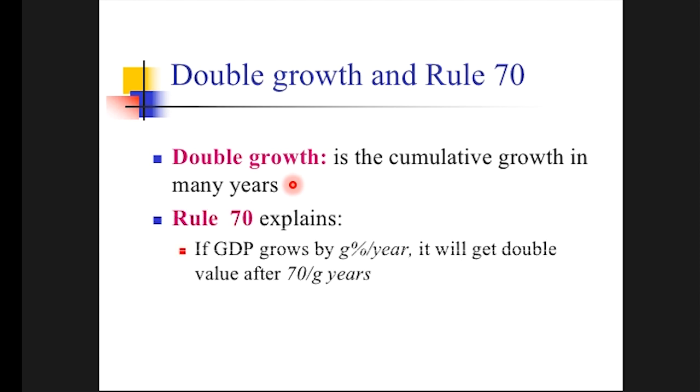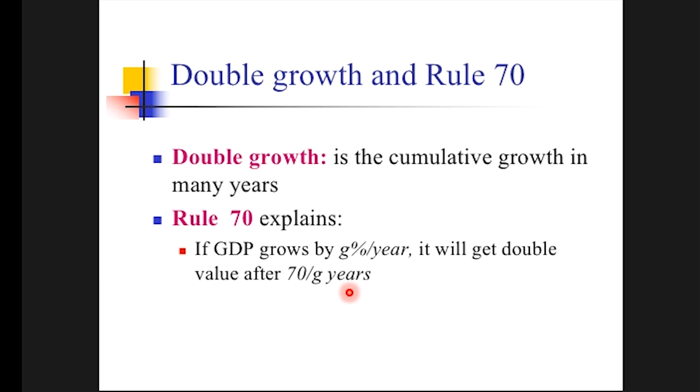So now we have a rule, the rule of 70, to give you a short way to compute the time needed for GDP to double. The rule of 70 states that if GDP grows by G% per year, it will double after 70 divided by G years.